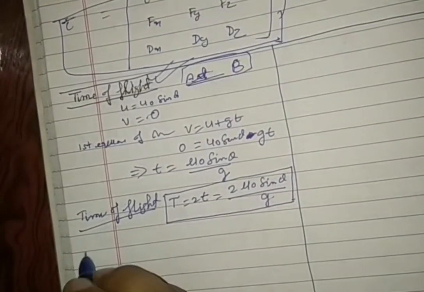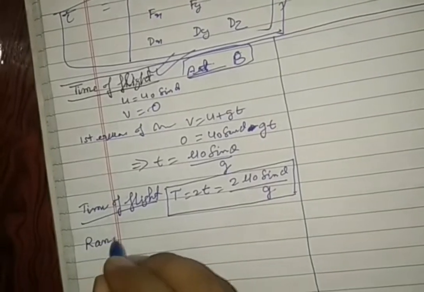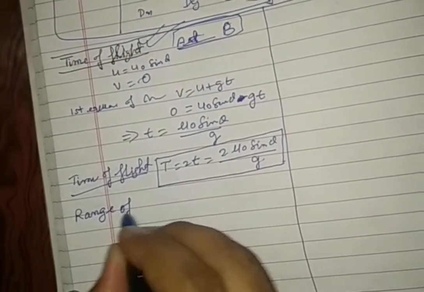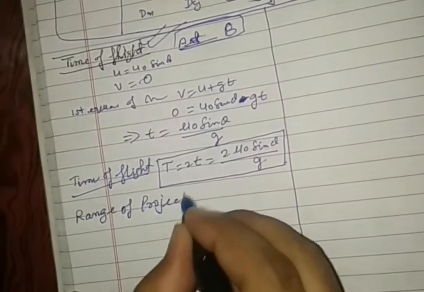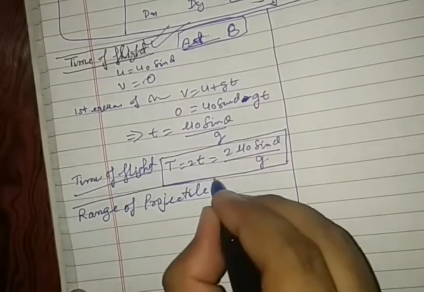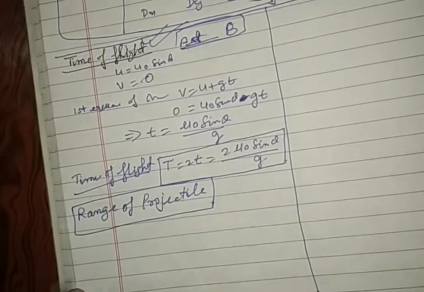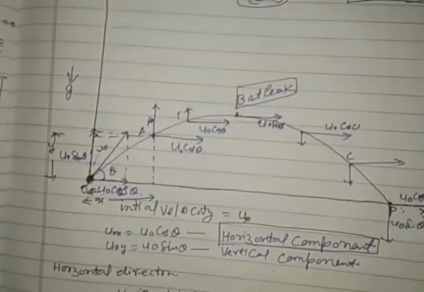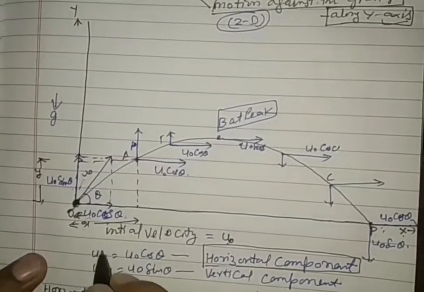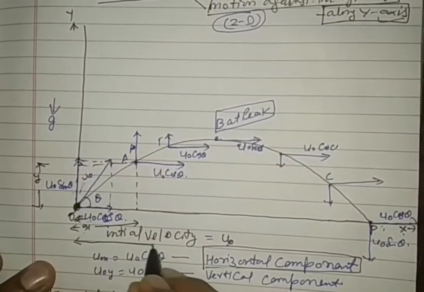Now the second formula, for the range of a projectile. See the formula here to find the range of a projectile. The range of a projectile is seen in the diagram.